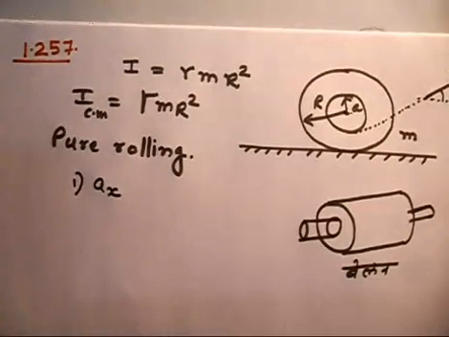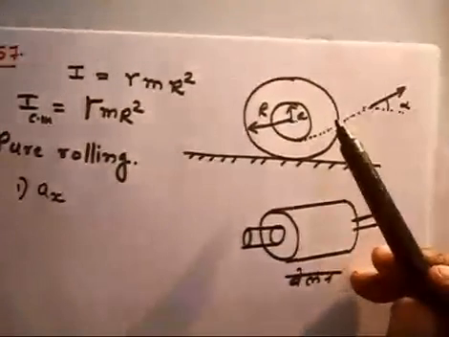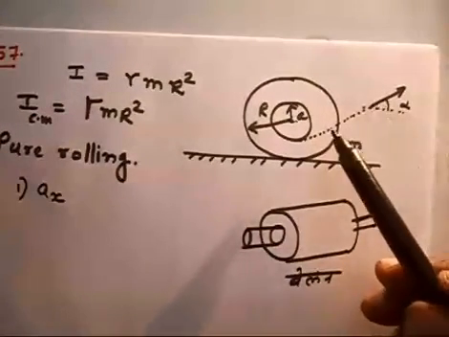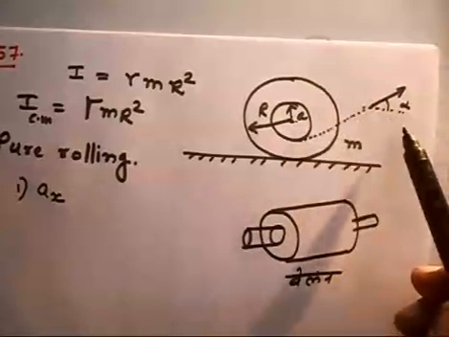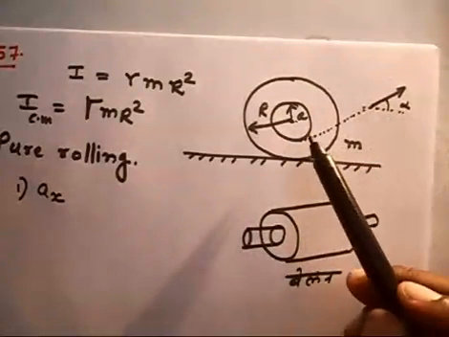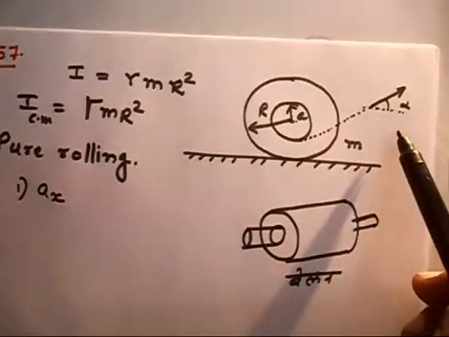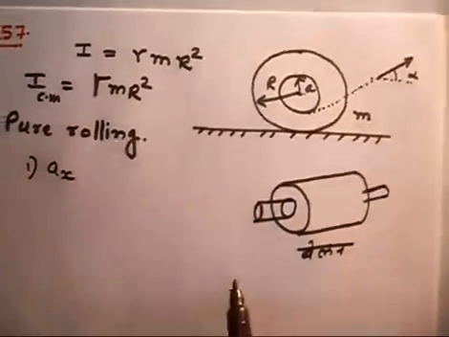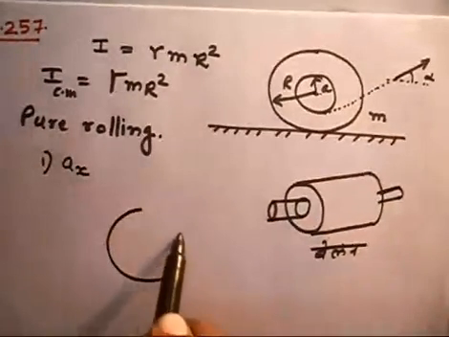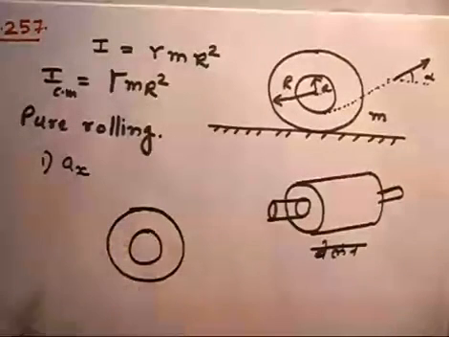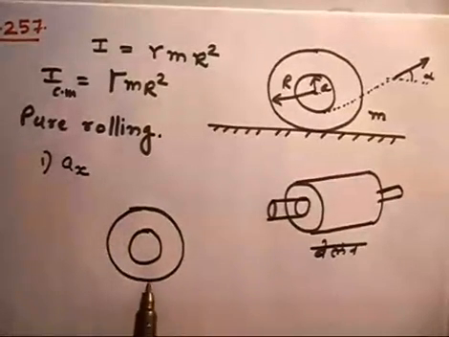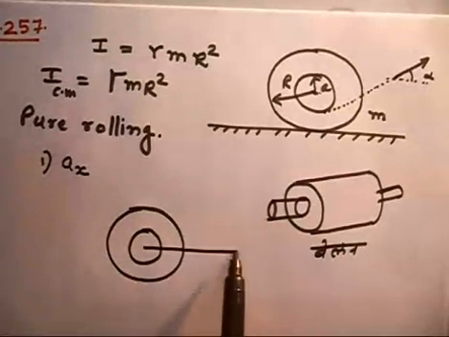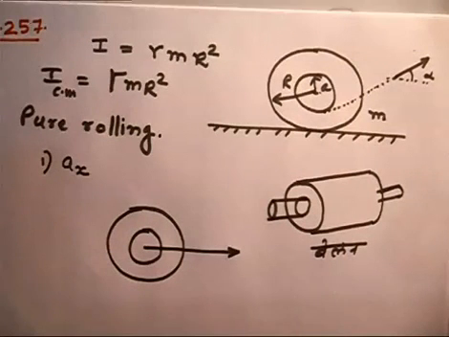This is a fairly easy problem. You see what will happen, this spool will be pulled by this thread. If this thread pulls the spool this side, I can assume it is going this way. Now let me make the spool here. I can assume it is going this way because the force is acting. So let us assume the acceleration of the center of mass in this direction.